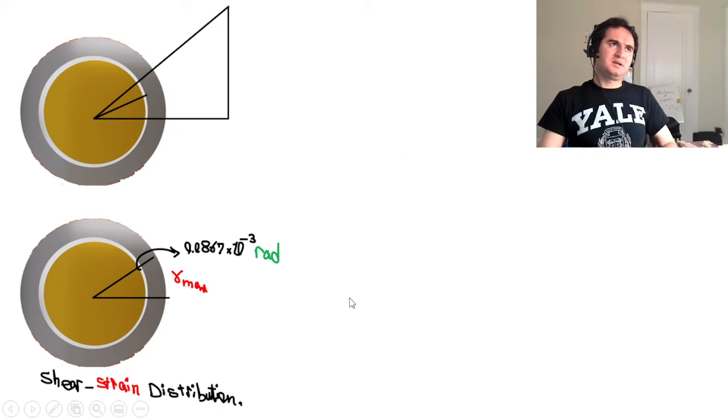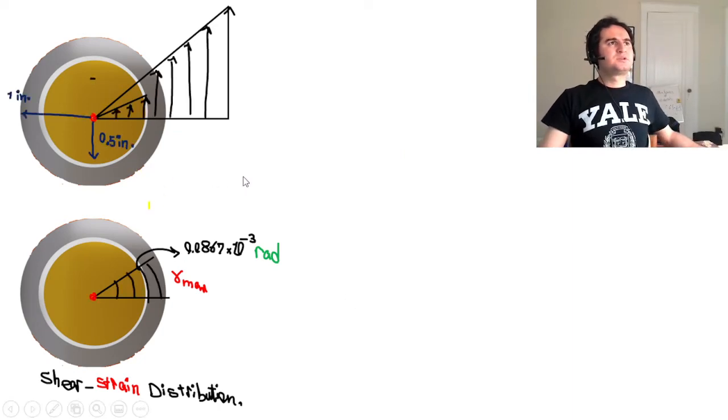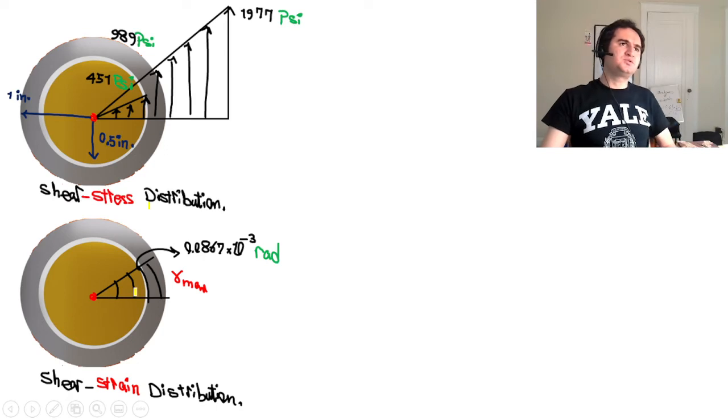Now let's plot the shear stress distribution, which the problem is asking for.